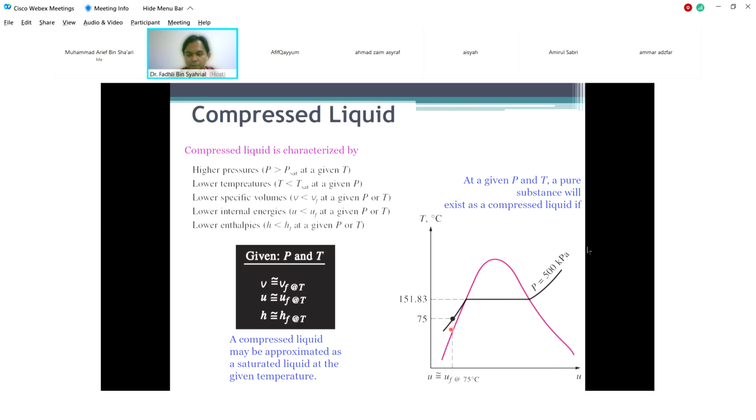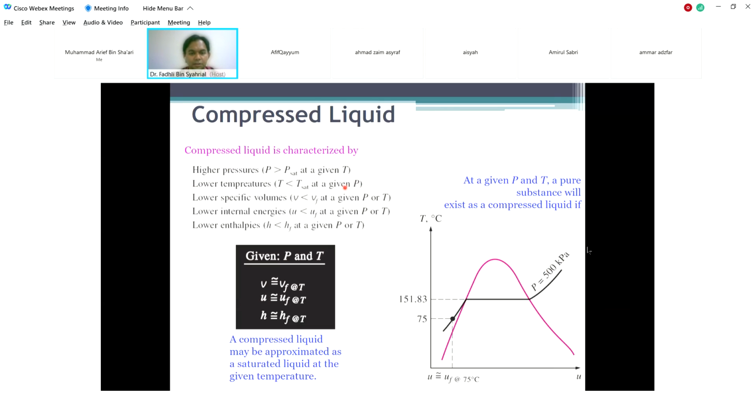In this case, the pressure is 500 kilopascal. As mentioned here, compressed liquid has higher pressure than P sat. Yang ni saya tak terangkan lah, sebab kita tak ada diagram.